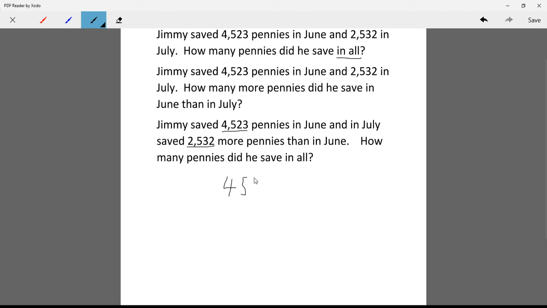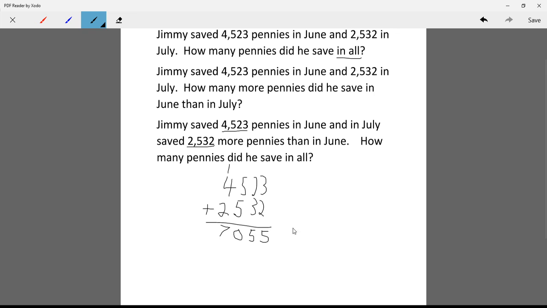So we need to do this again. Unfortunately, I erased it, so we can just go through and just add 3 plus 2, 5, 2 plus 3, 5, 5 plus 5, 10, carry the 1, 7,055.